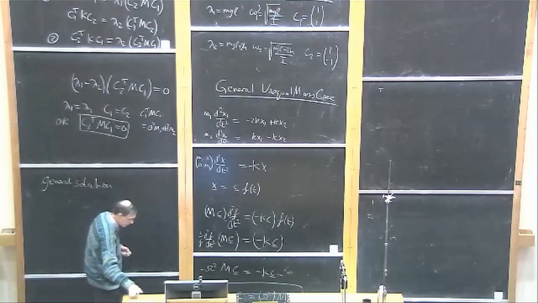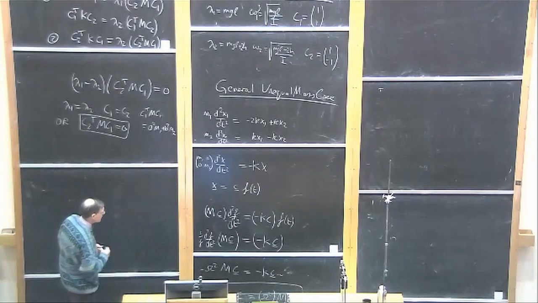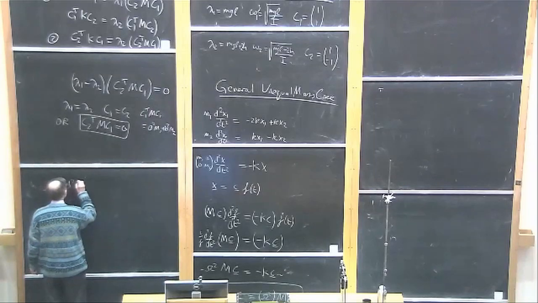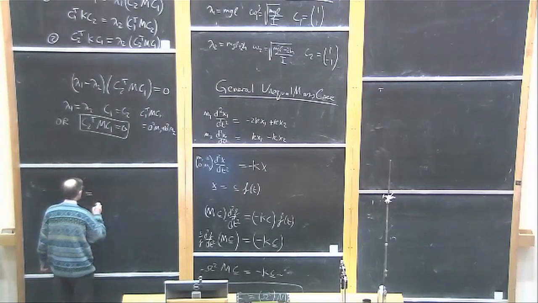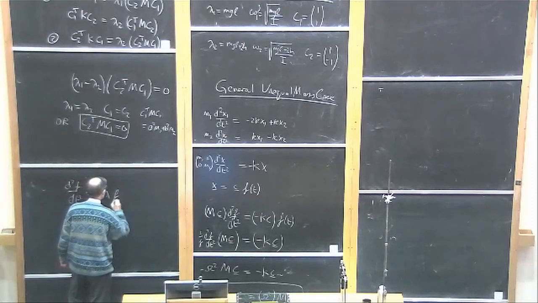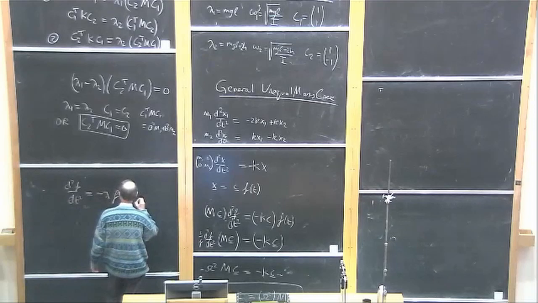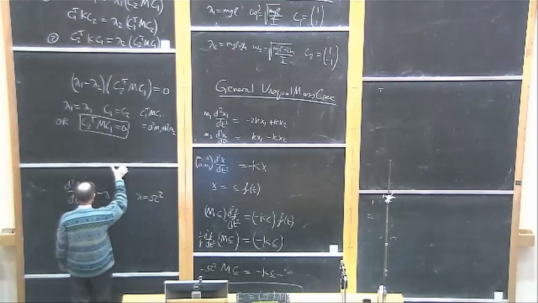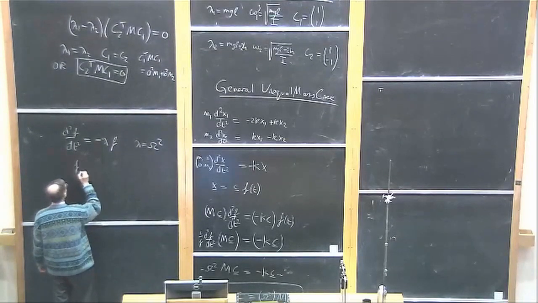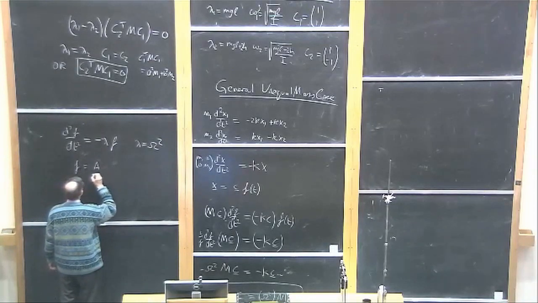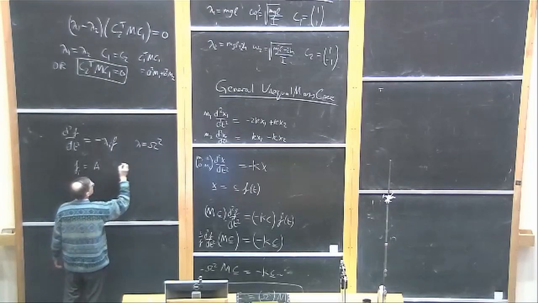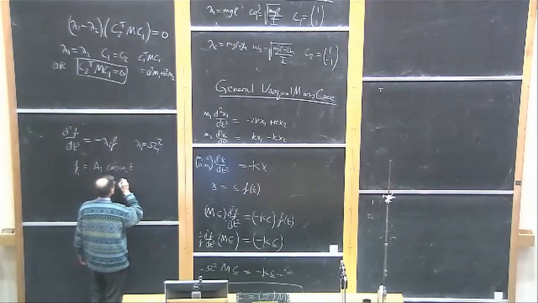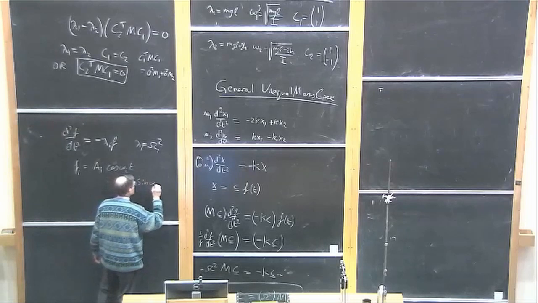Well, we haven't actually solved the other half of the equation, because the other half of the equation was d2f by dt squared equals minus lambda f, which is why I was defining lambda as omega squared, because fi will be ai cos omega i t plus bi sine omega i t.